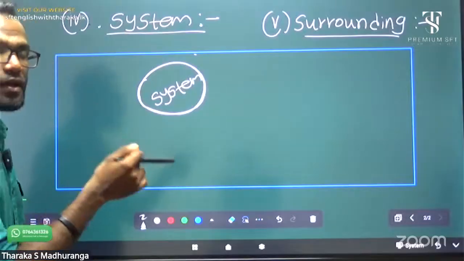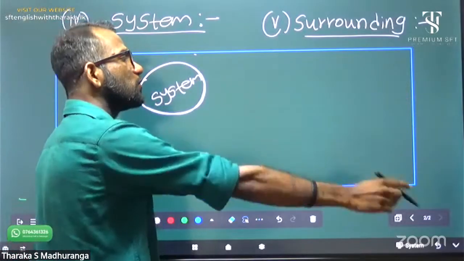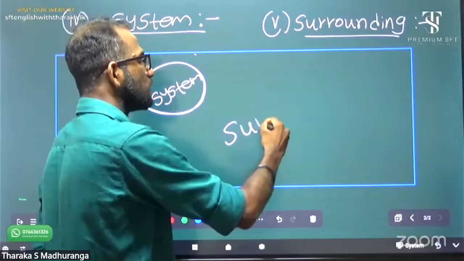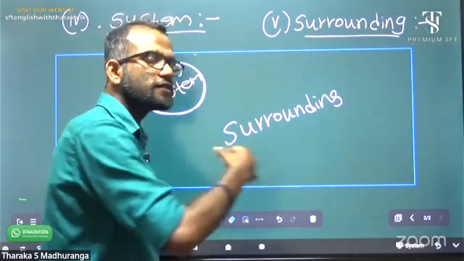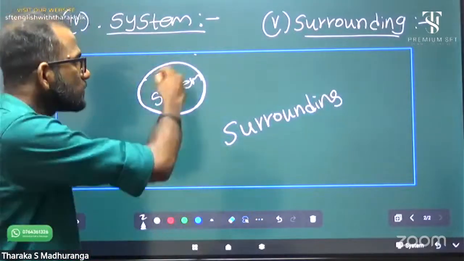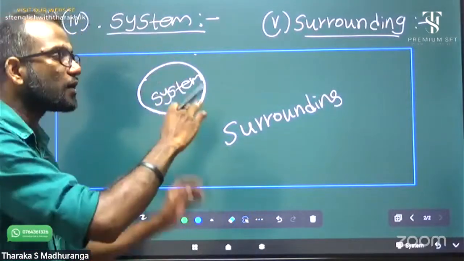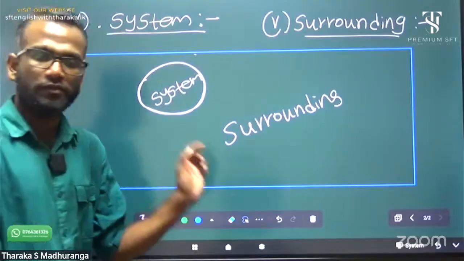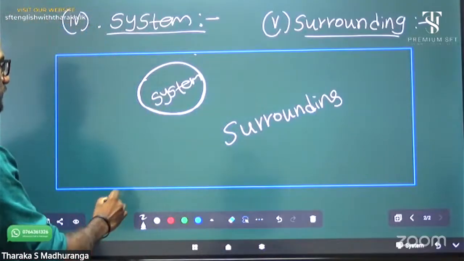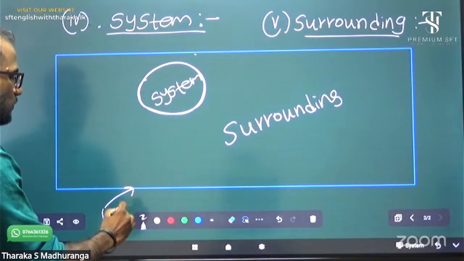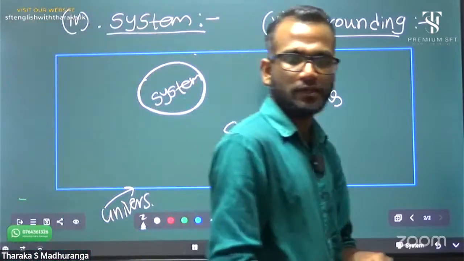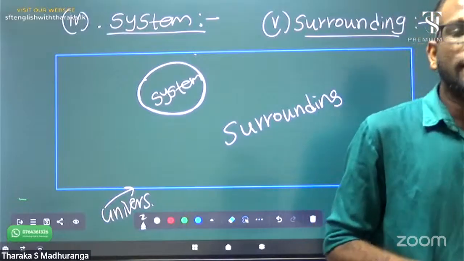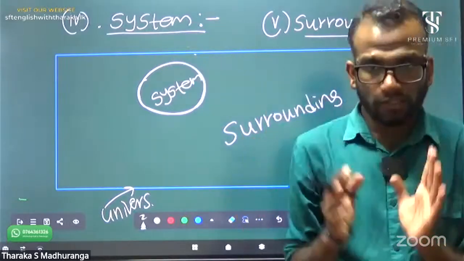Except the system, all other areas in the universe we call the surrounding. Surrounding means everything except the system. This full area is the universe. Understood? The selected area from the universe is the system.